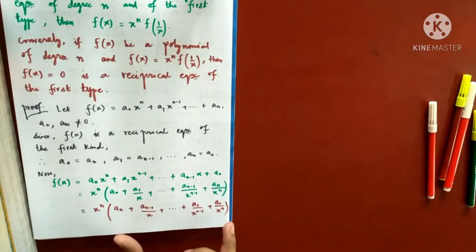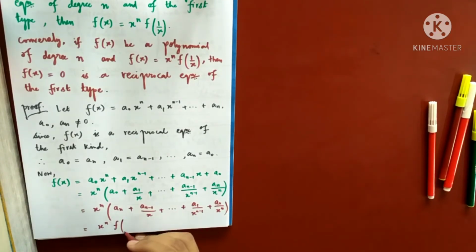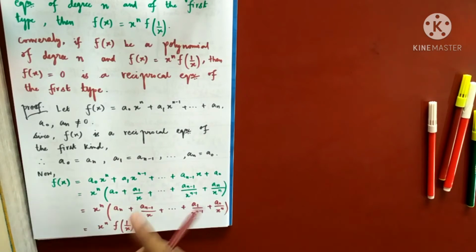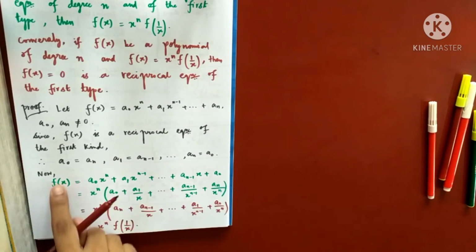So this is nothing but f of 1 over x. So hence I have proved, if that is a reciprocal equation of first type or first kind, then this happens.